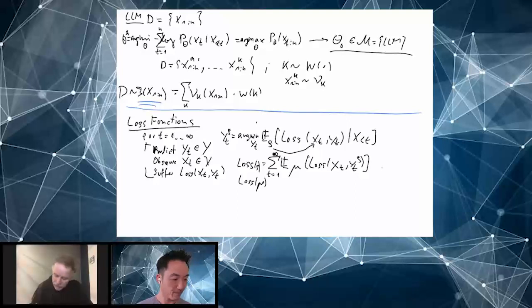This is smaller than the loss of rho, right? Yes. If I minimize with respect to the criterion, then of course this is better than doing anything else.